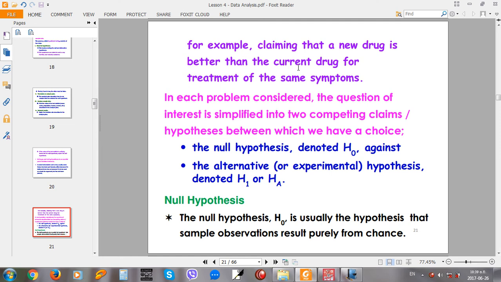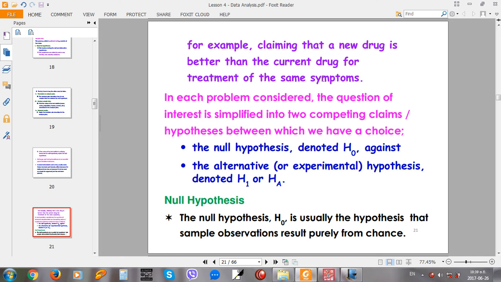For example, claiming that the new drug is better than the current drug for treatment of some symptoms. Take that into your mind, because based on this we are going to state the null and alternative hypotheses.